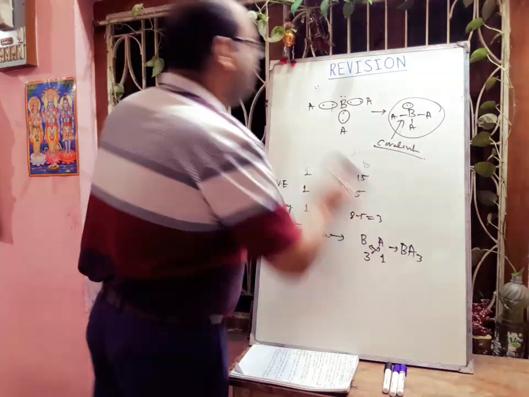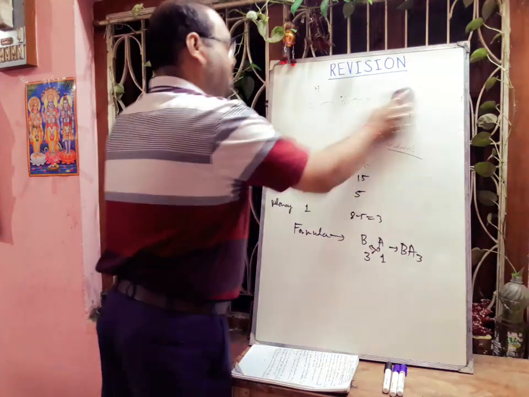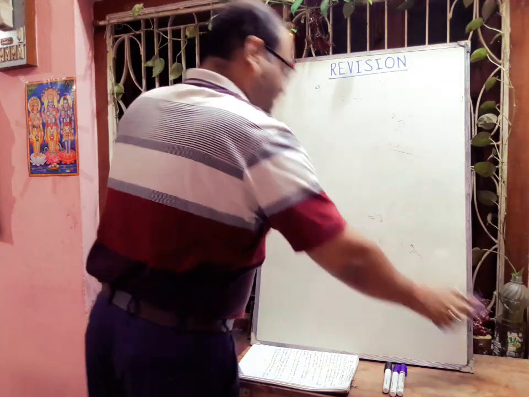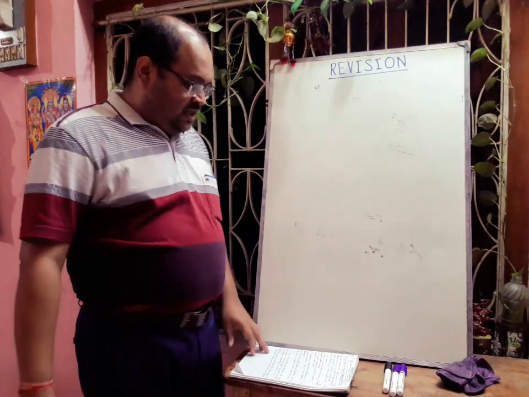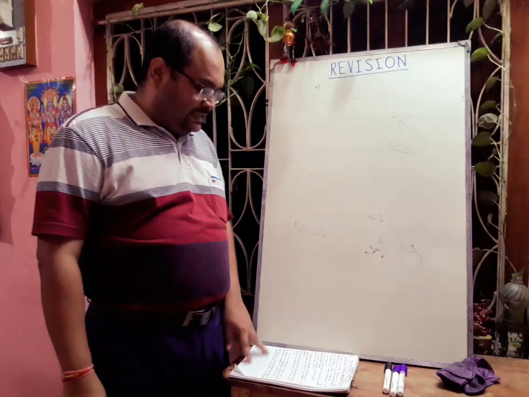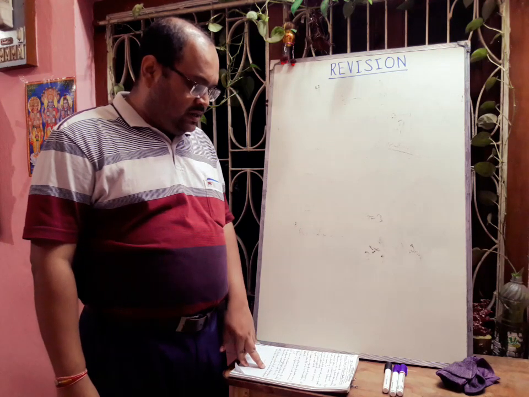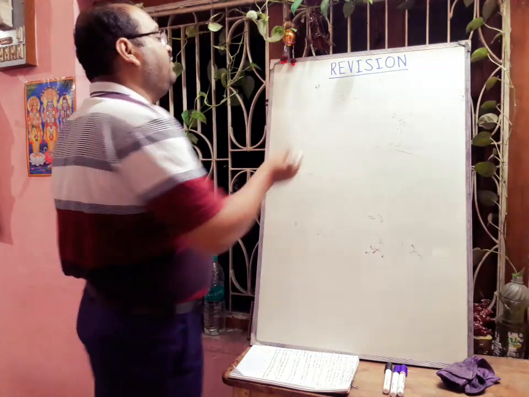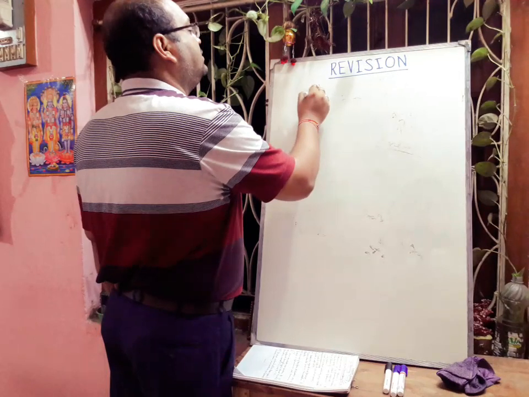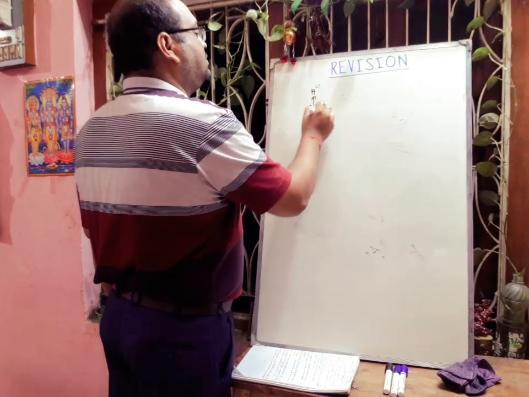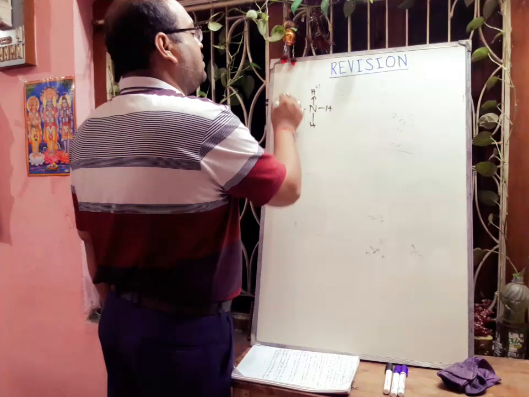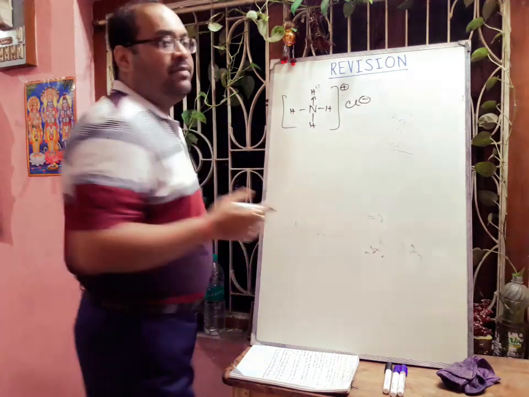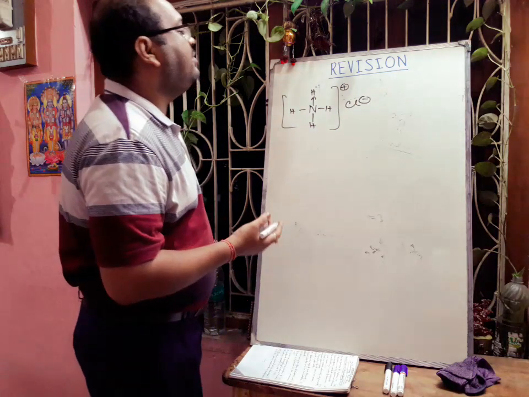And the last question: in which compound are all 3 types of bond, covalent, ionic and coordinate, present? You can take any ammonium salt. If you write ammonium chloride, or you can take ammonium bromide or ammonium iodide, any ammonium salt.